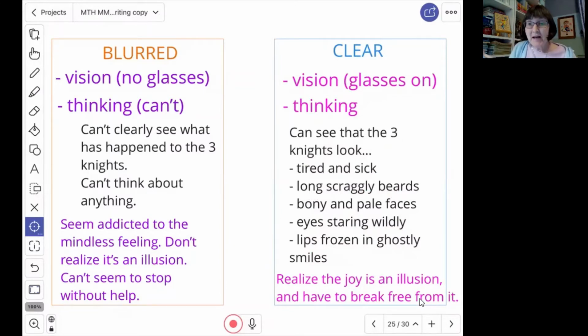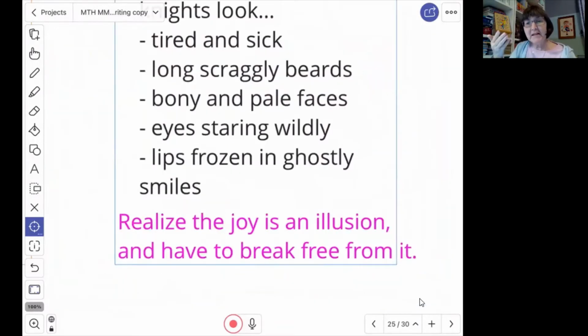That's how those 3 knights looked after having been stuck in that mindless dance for so long. And Jack hadn't been able to see that with his glasses off, but when he put his glasses back on and could see what happened to those 3 knights, he was able to realize that the joy is an illusion and that he had to break free from it.